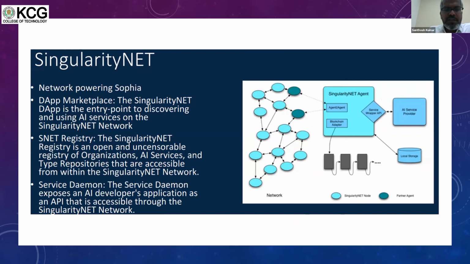So first, I think SingularityNET is one of the popular smart contract mechanisms of AI. Basically, as I mentioned, it is a framework. It's providing a framework for us to extend the functionality of smart contracts through the smart contract wrapper APIs or the agents.